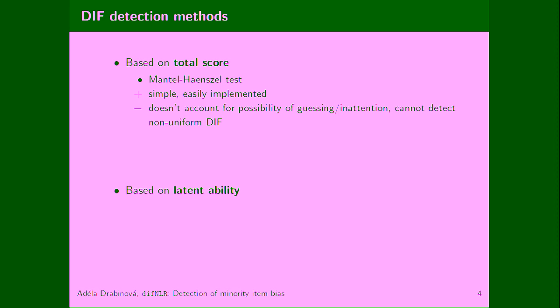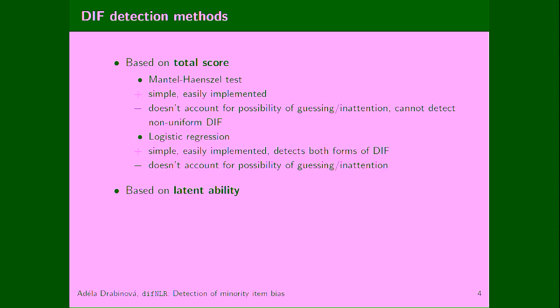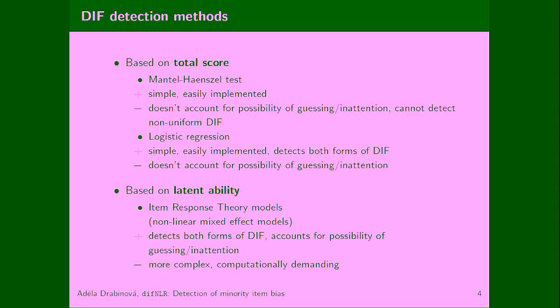The second example can be logistic regression. Again, it's simple. It can detect both forms of DIF, but again, it doesn't account for the possibility of guessing or inattention. There's a second group. The representative of this group is item response theory models and tests based on them.